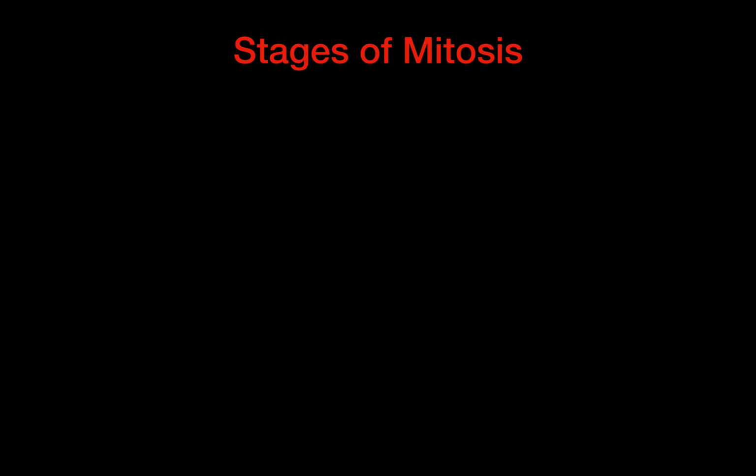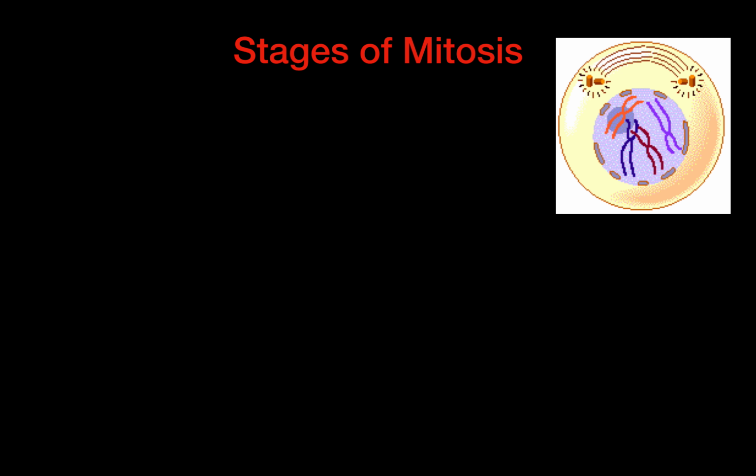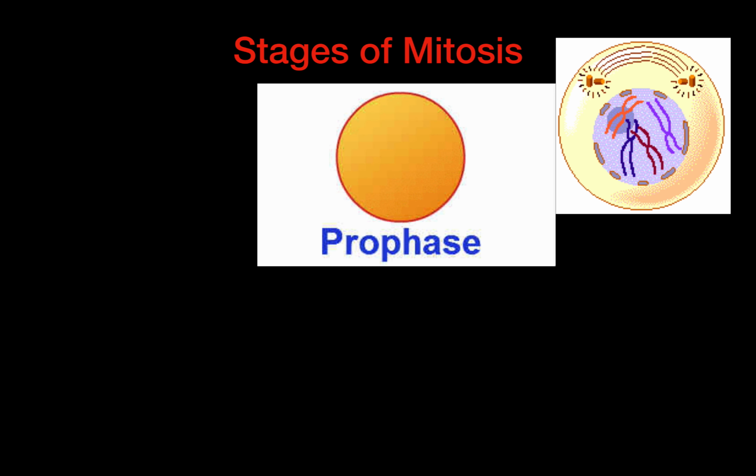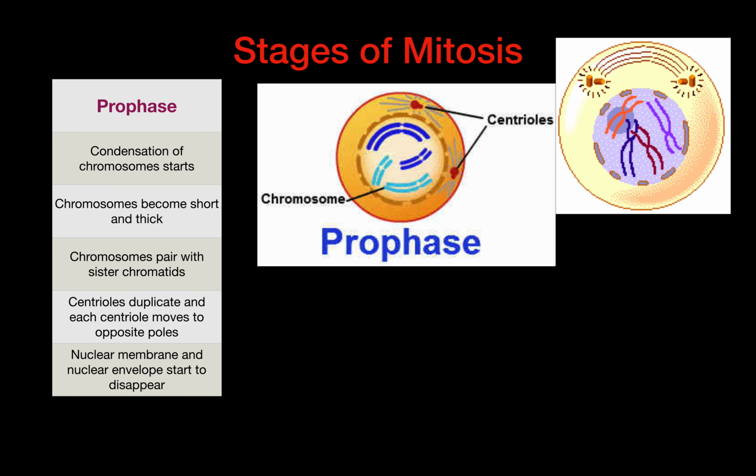So, ready for the stages of mitosis now? The first, as I said, obviously has to be prophase. What happens in prophase is that condensation of the chromosomes is going to start. Initially the chromosomes are in the form of a very thin thread. Condensation will start and the chromosomes will become short and thick.